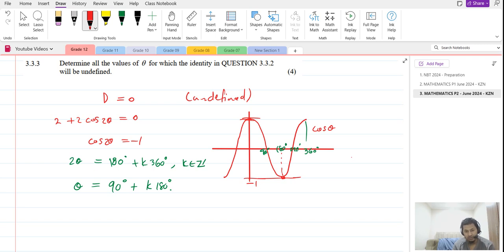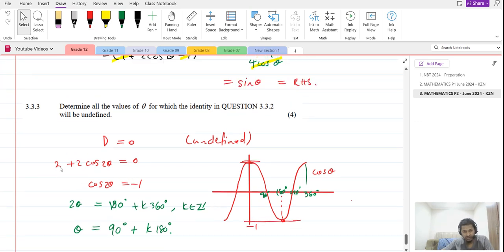If I put K as 0, you will get theta as 90. Now substitute theta as 90 here: cos 2 times 90, cos 180 is negative 1, negative 2 plus 2 gives me 0. Don't substitute in the cos theta graph, because I was just using that to find the 180.